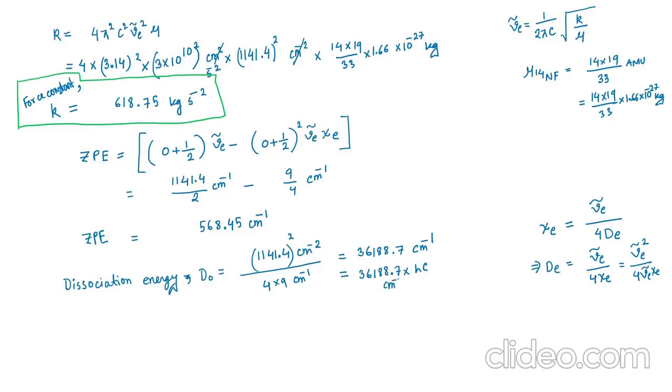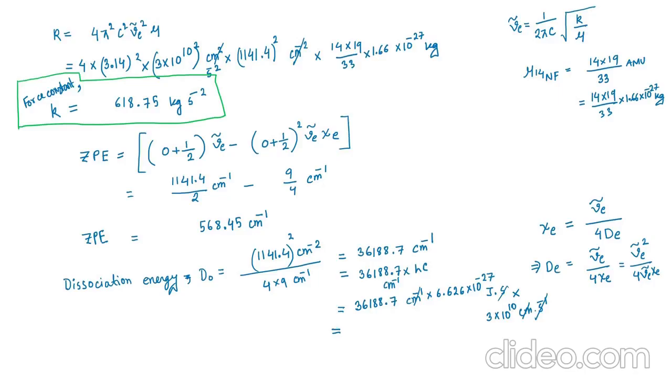We will see what we are going to get. h is 6.626 into 10 to the power minus 27 joule second, and c is 3 into 10 to the power 10 centimeter second inverse. Second inverse, second gone, centimeter inverse, centimeter gone. So we are going to get this thing in joules.